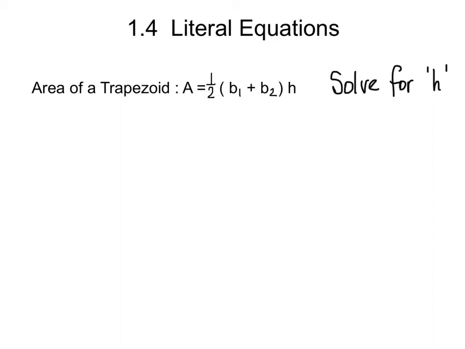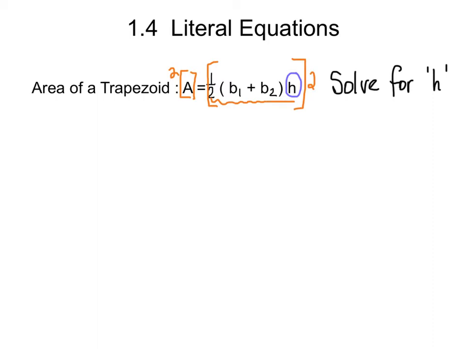So I always like to keep an eye on what my H is doing, and it's right here. And the first thing I notice is the 1/2 in the front, and I don't like the 1/2 in the front. So I'm actually going to multiply both sides by 2. Now why can I do this? How many terms are actually right here?